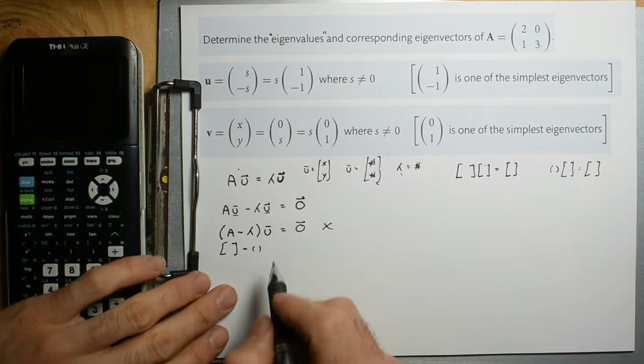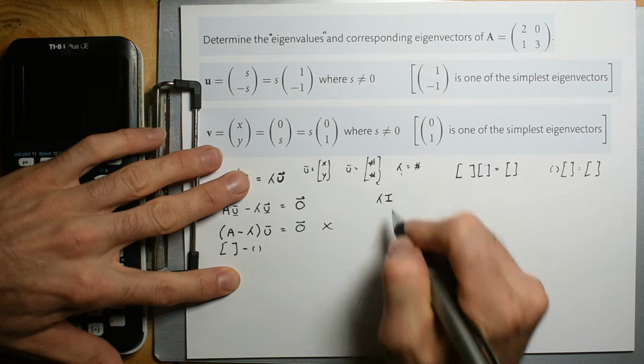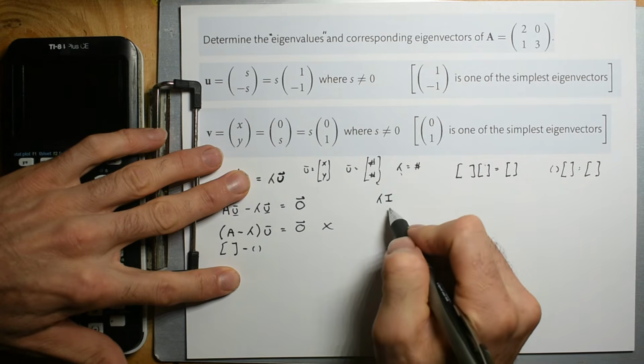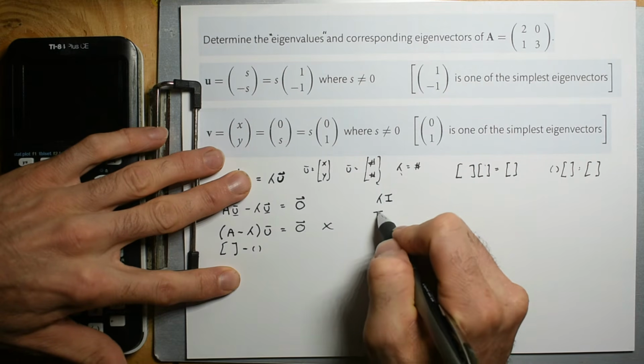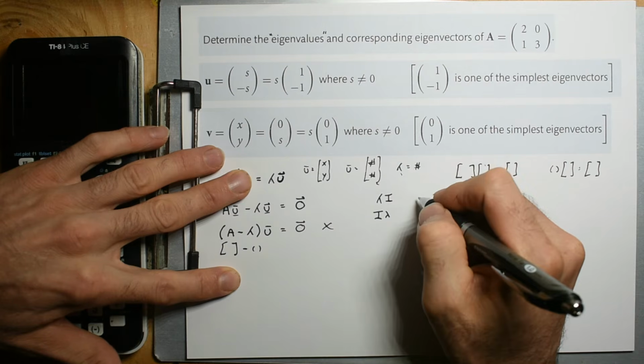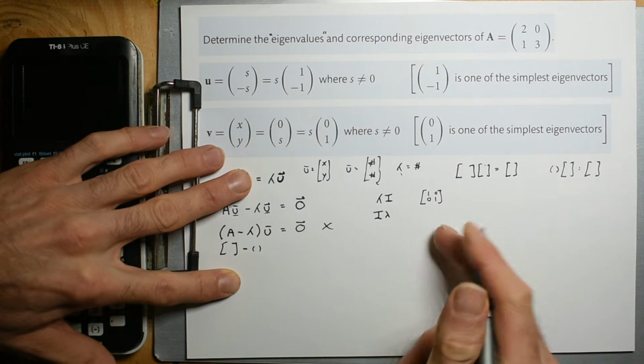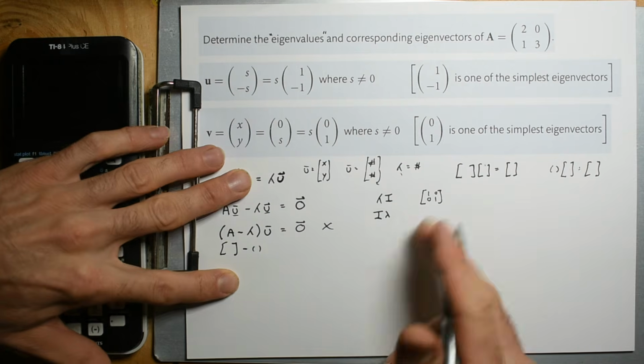So we have to take the scalar and multiply it by the identity. If you multiply by the identity, you can multiply it on either side. We're going to do the identity of a 2 by 2 matrix, which just looks like that.